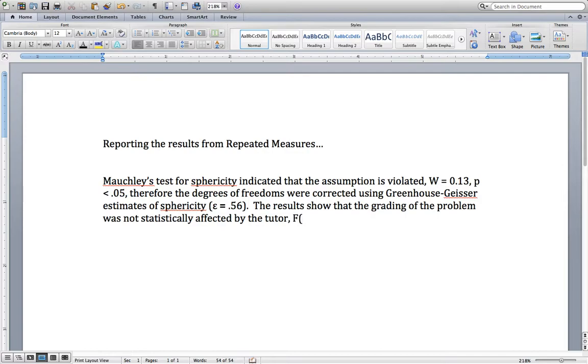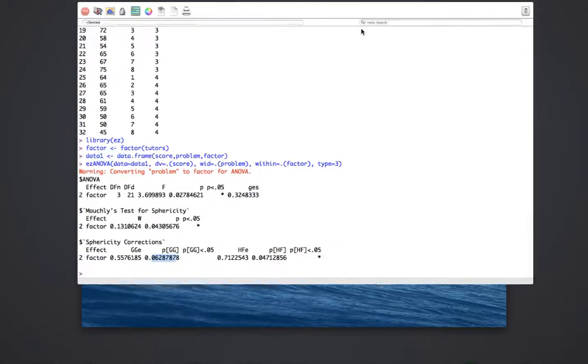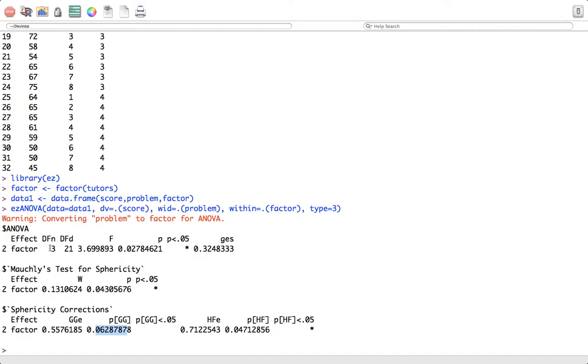Now, here's a situation where, right up here we talk about the degrees of freedom were corrected. Now, if we run our model like we did the other time, our degrees of freedom, remember, were 3 and 21. But that's not what we're using here. We're using the degrees of freedom correction for the Greenhouse-Geiser.